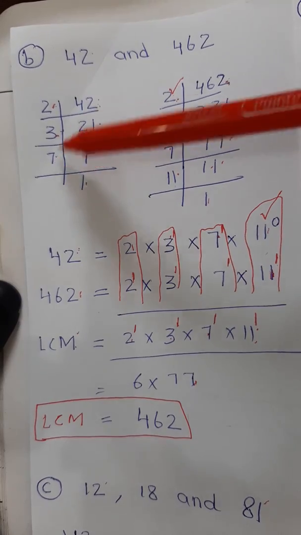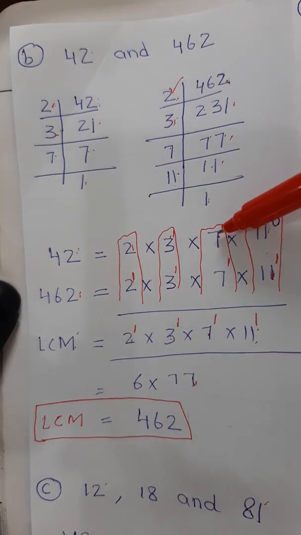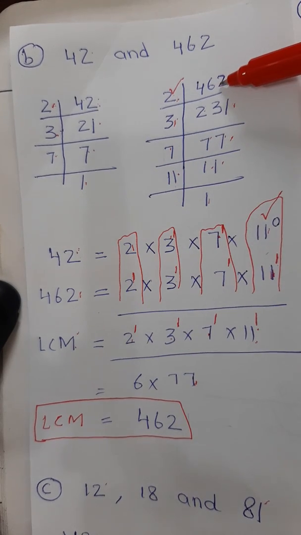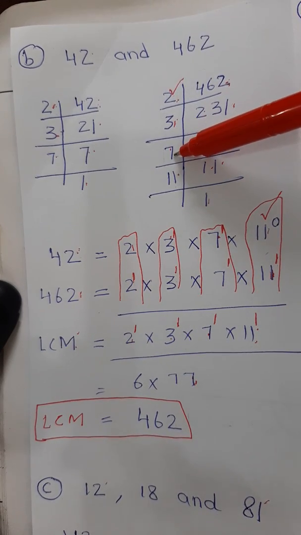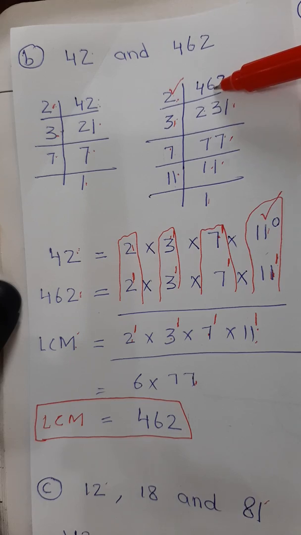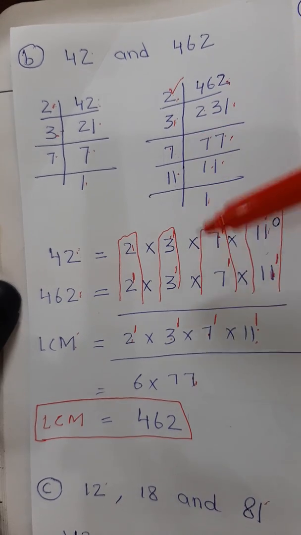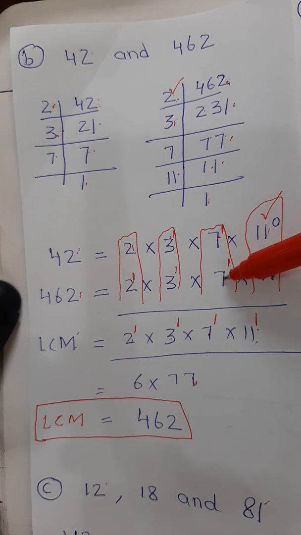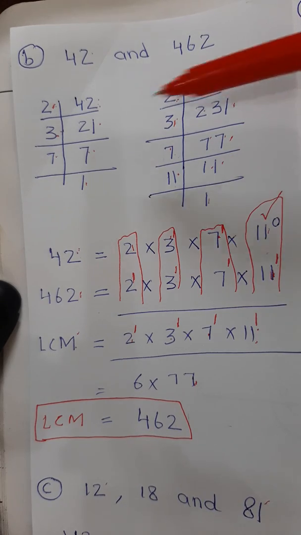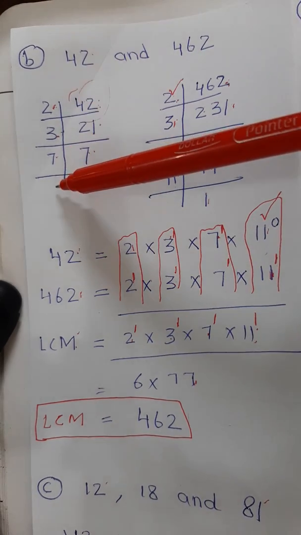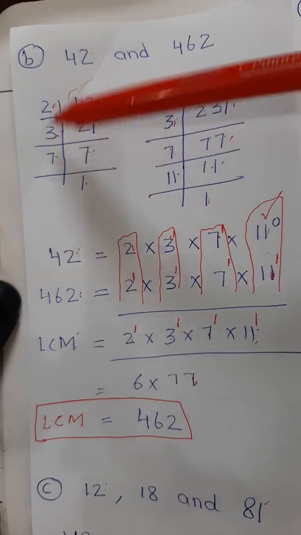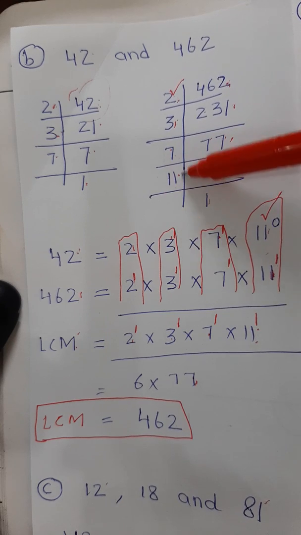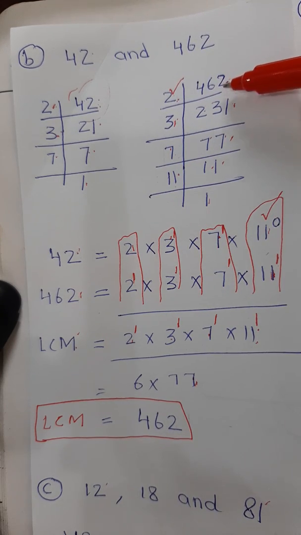Now the next factor of 42 is 7. Write down 7 in the factors of 42. Now look for 7 in the factors of 462. Yes, we have got a 7 in the factors of 462. Write down this 7 here in the column of 7. Now we don't have any other factor of 42 over here, but in 462 we have got 11 as a factor.